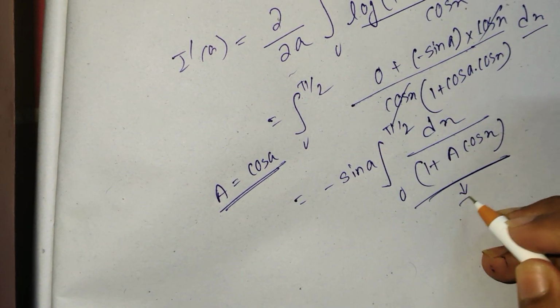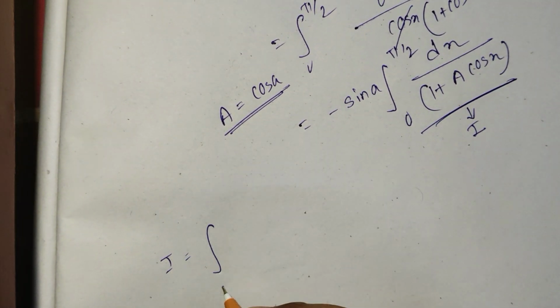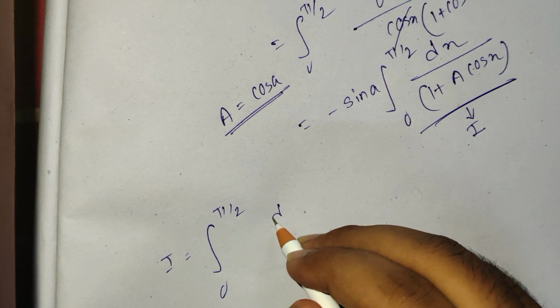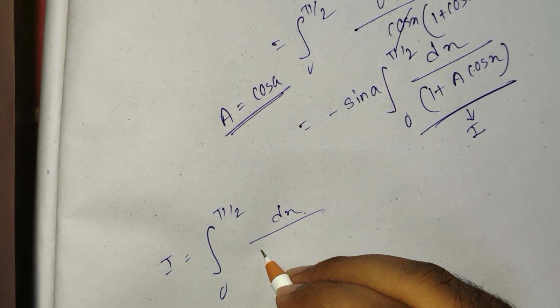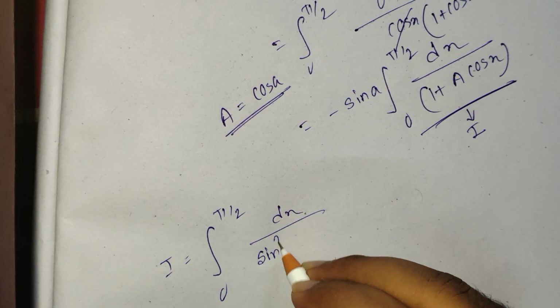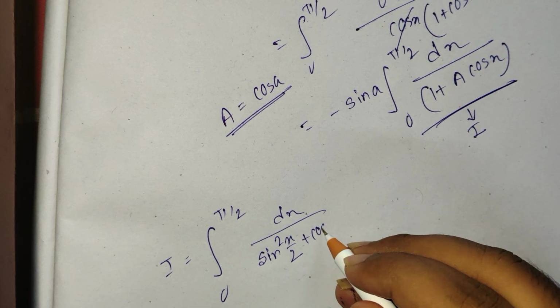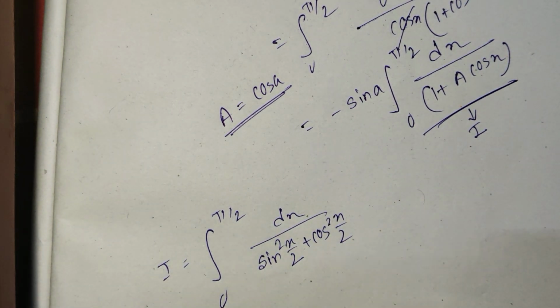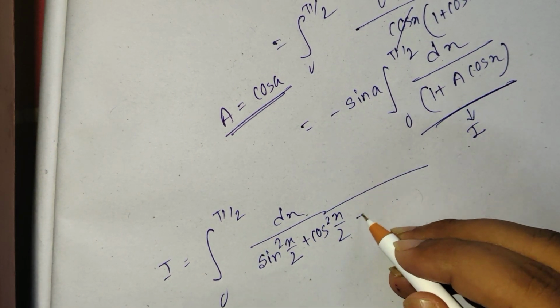So let's say this is I. So I is equal to the integral from 0 to pi by 2 of dx by 1, but we are writing 1 as sin square of x by 2 plus cos square of x by 2. As you know, sin square a plus cos square a is equal to 1. So we can replace 1 as something like that, plus A.